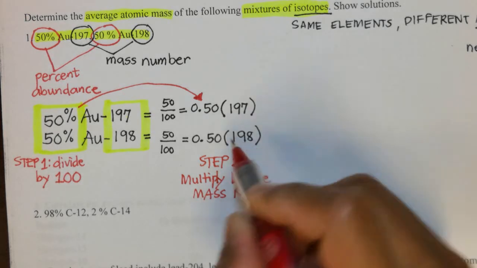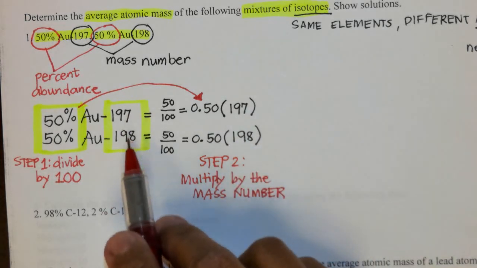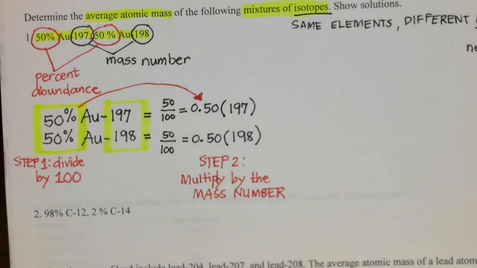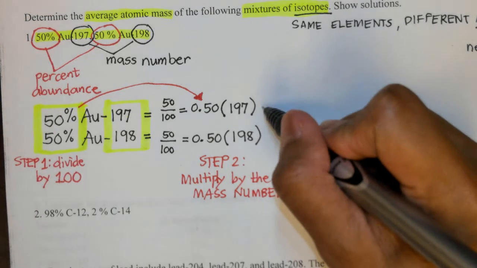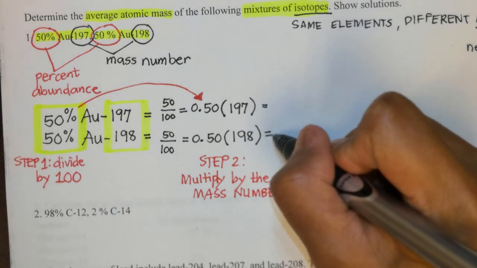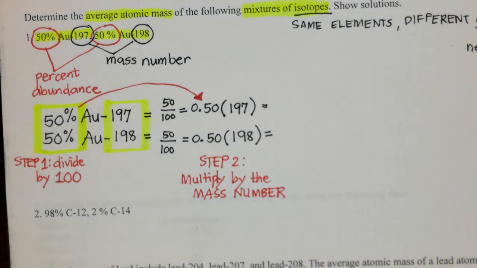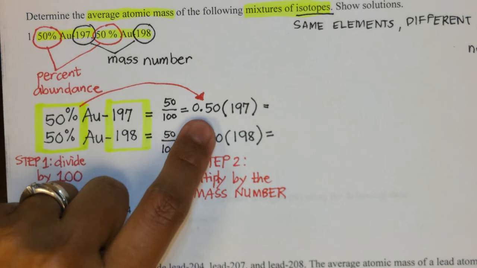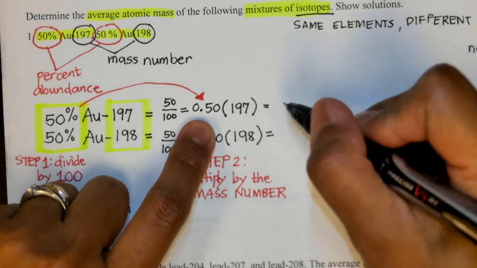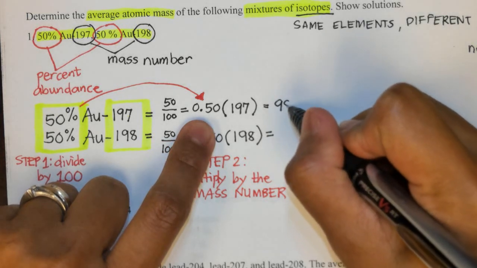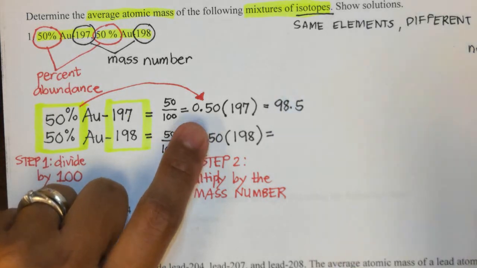Where did I get the mass number? Again, I get it from the given. Then, once I put all the numbers to be multiplied, I put an equal sign, and I go to my calculator, and I do the multiplication there. So the first one is 0.50 times 197, and the product is 98.5.